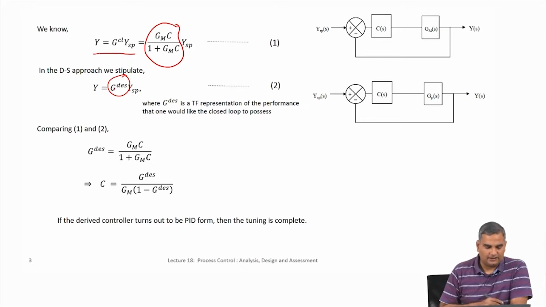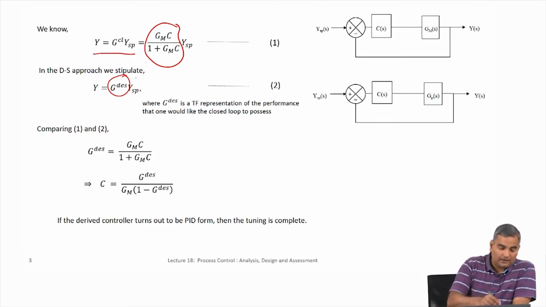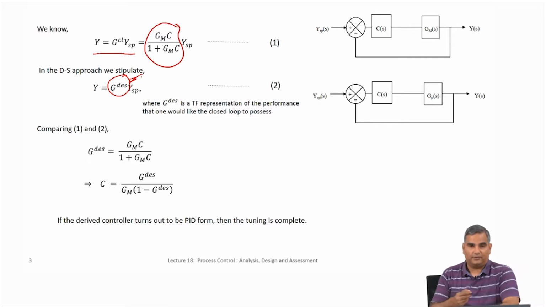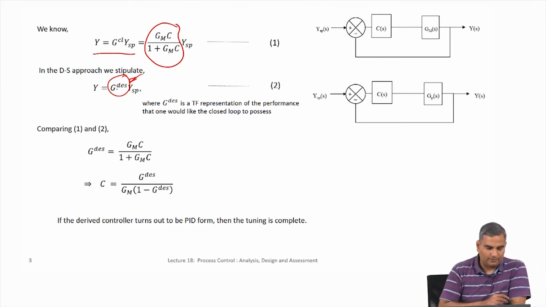So, G desired, what I am looking for. So, this is something that I have to specify, because this is a performance metric that I am specifying for this controller, and once I have this performance metric, then if I want to get this performance metric, this has to be equal to this. So, that is this equation here, GMC divided by 1 plus GMC is G desired.